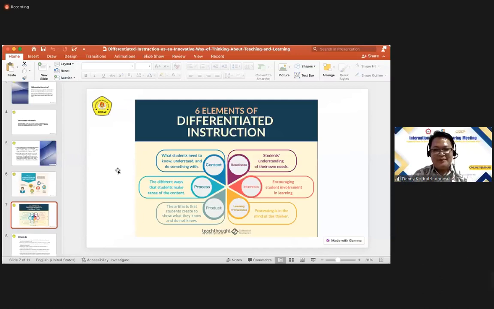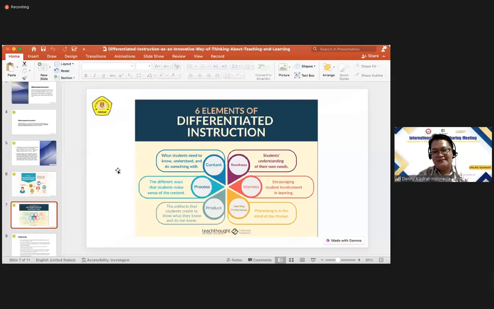And the product here is the assessment, the artifacts that students create to show what they know and what they do not know. The teachers can see the achievement of the learning by examining the product. This is the level of the teachers.